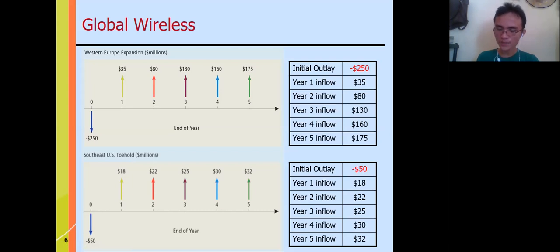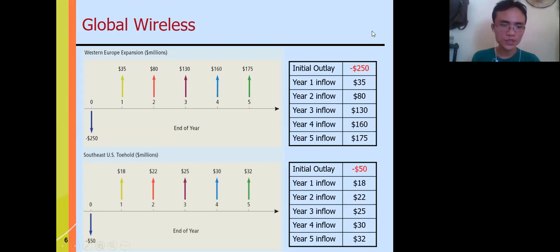So that's 0.03. If we divide 5 divided by 160, that's 0.03. So meaning it's 3.03. That's the payback period for the first project, which is Western Europe expansion.